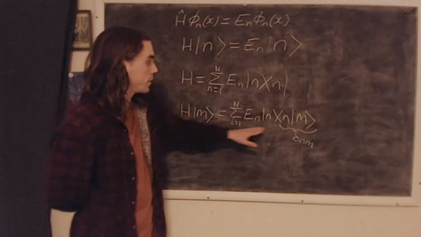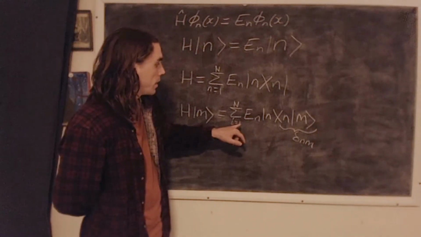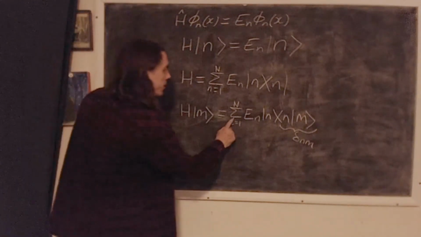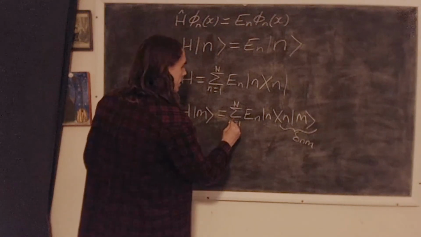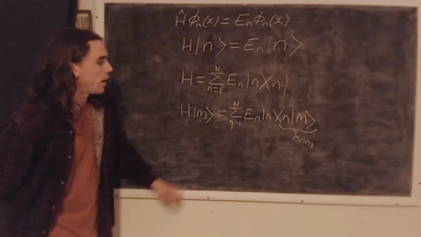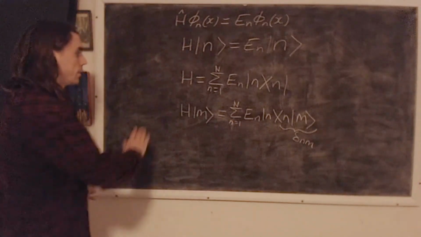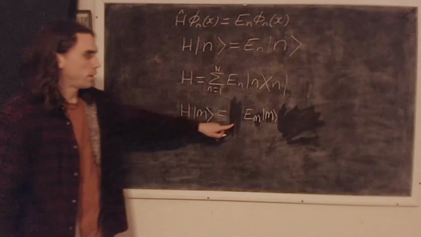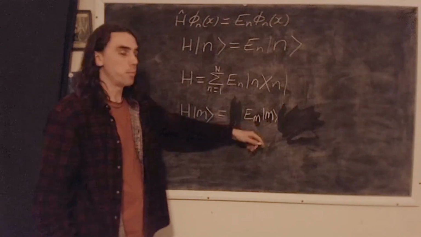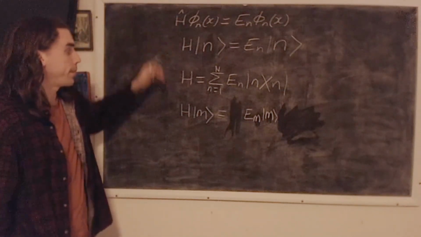So it selects from the sum the case that, oh sorry, I've written this sum over i. There should have been a sum over n in this case. It selects from the sum the case n equals m, and so we just get the result E subscript m acting on m. But that's precisely our time-independent Schrödinger equation.